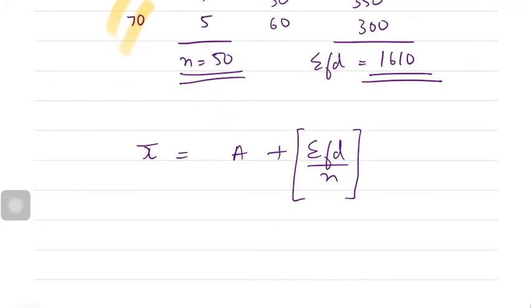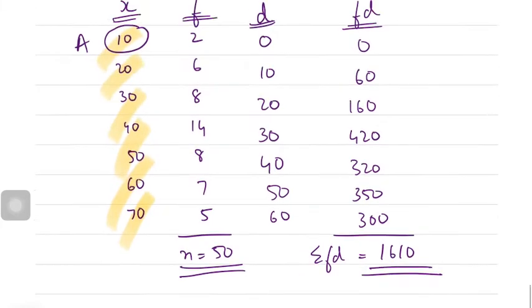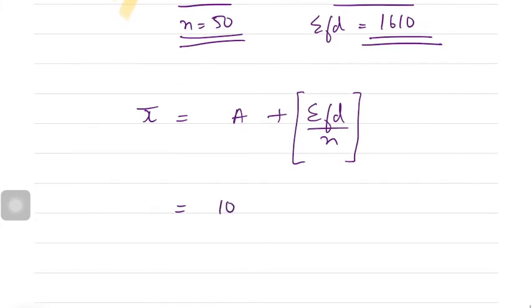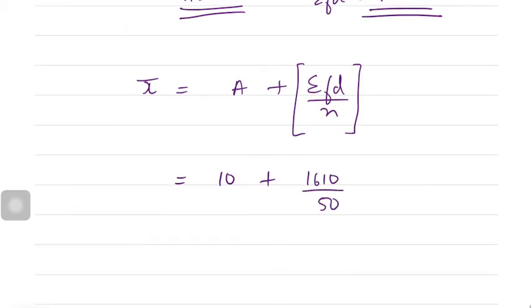So a is 10 plus summation fd is 1610 divided by 50. So 10 plus 32.2, which is 42.2. 1610 divided by 50 is 32.2. So arithmetic mean is 42.2.